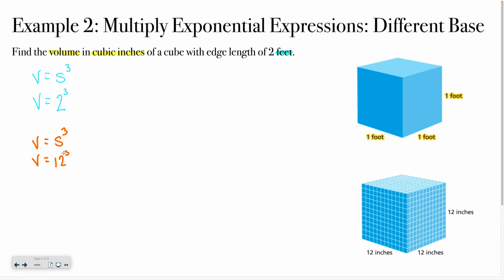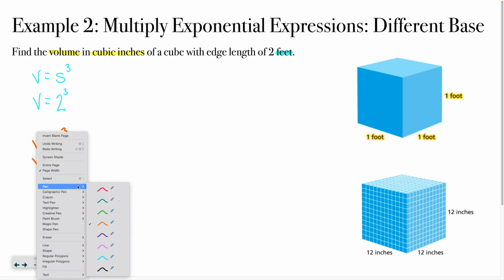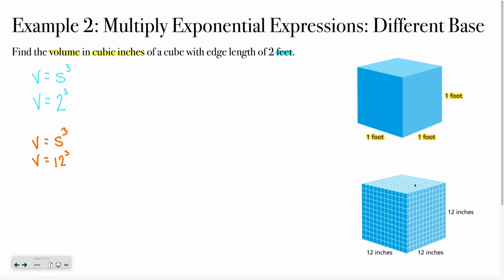Okay, so we have 12 to the third power would be the volume for a 1 cubic foot cube. Okay, so I have 2 to the third times 12 to the third.